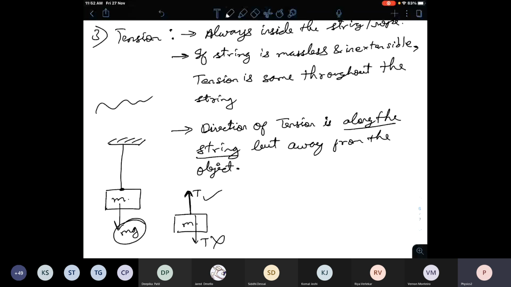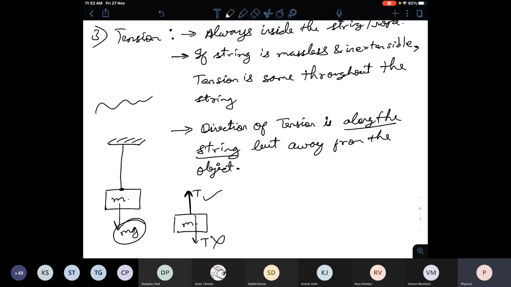The mass wants to elongate the string, so to prevent the elongation, the string creates a tension in the opposite direction. It wants to get elongated in this direction, but since it applies the tension in this direction, it stops the elongation. That is why a string's length does not change, but a spring's length can vary.